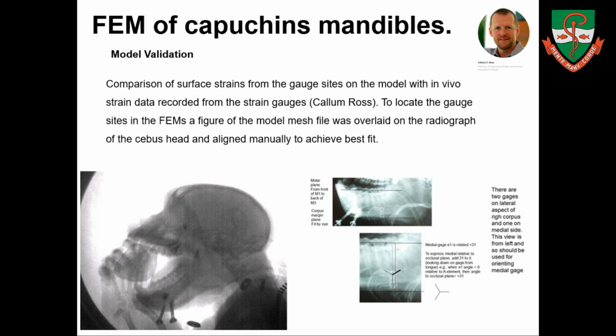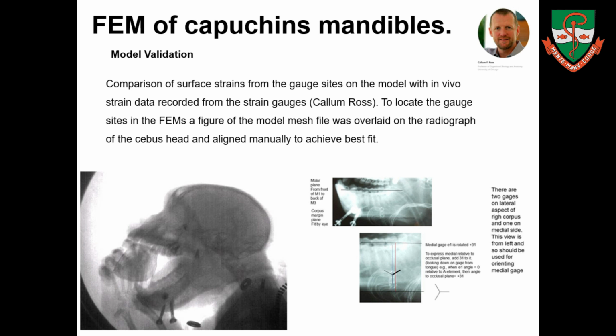Before that, Professor Callum and I tried, like you can see here, we have the exact position of the strain gauge that Callum and Pepe got in the in vivo analysis, right?